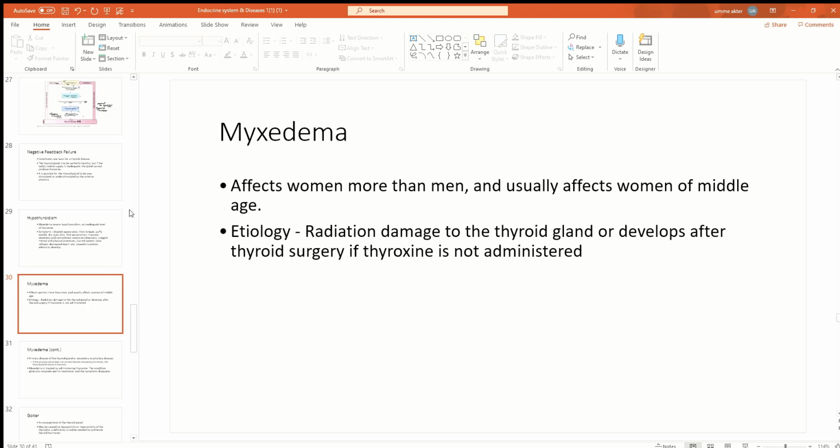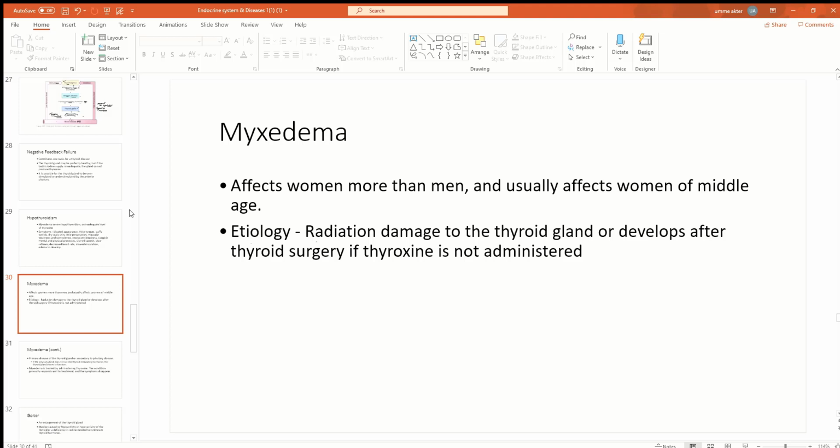So just read that. I talked about myxedema, I talked about Graves' disease. So myxedema, as I told you, is due to hypothyroidism. So what can cause that?